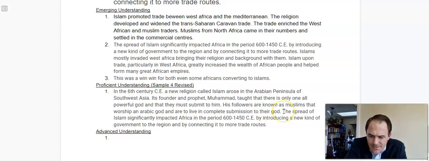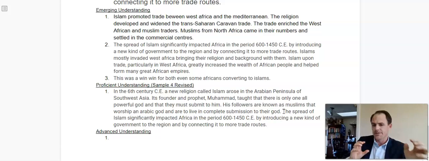Right here, if the student had gone on to mention something about how the followers began to spread the religion through conquest, through missionary work, that would have been that link between their living in submission to their God and why they are in Africa. So that would have gotten the student to advanced understanding. But a wonderful, proficient contextualization statement.